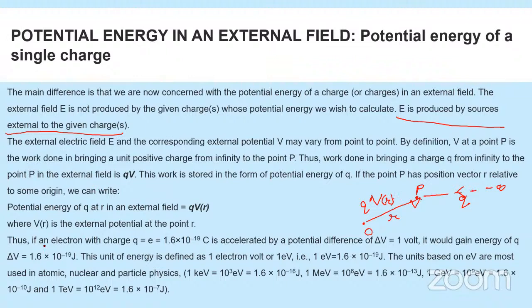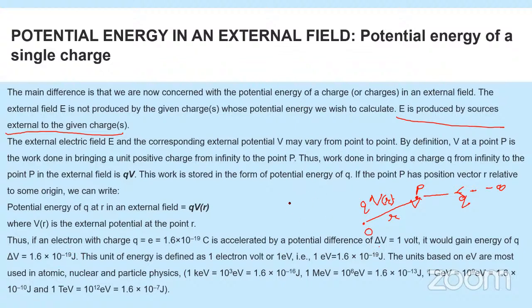If you consider an electron with charge Q, which is being accelerated by a potential difference of 1 volt, it would gain potential energy of 1.6 × 10^-19 joules, because your ΔV is 1.